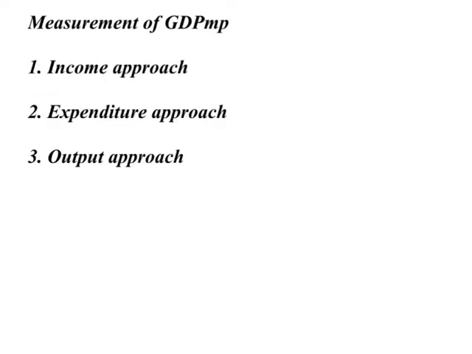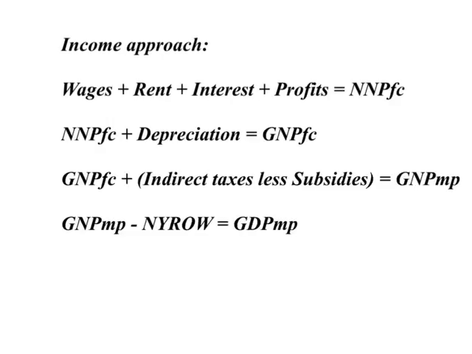So we know there are three approaches to measurement of GDP. The first approach being the income approach, the second one being the expenditure approach, and the third one being output approach. And in an ex post sense, total income earned equals aggregate or total expenditure, and that will equal the total value of output.